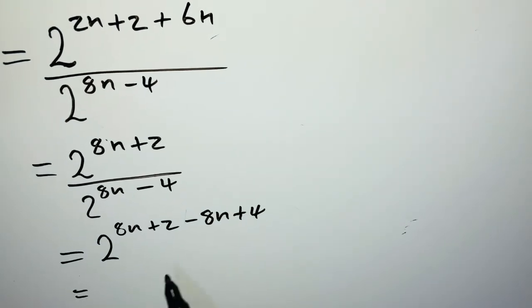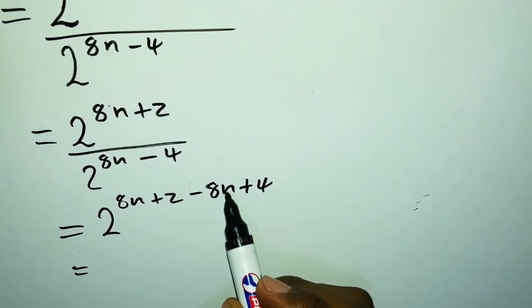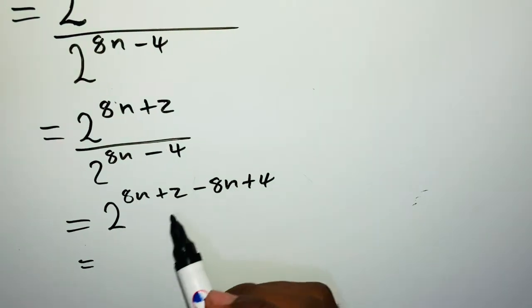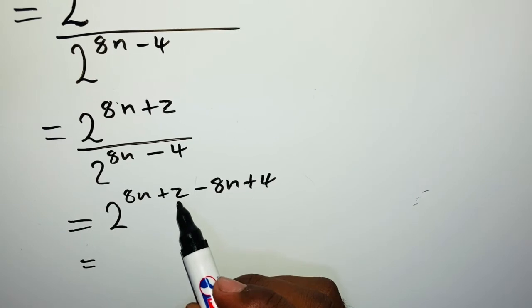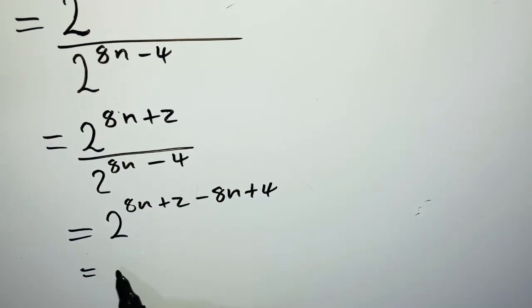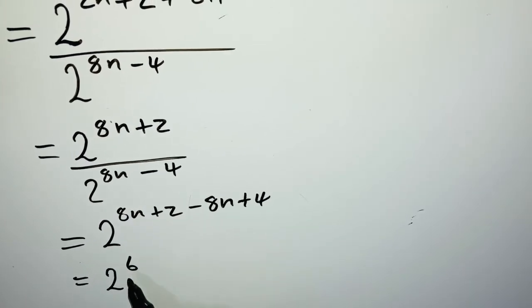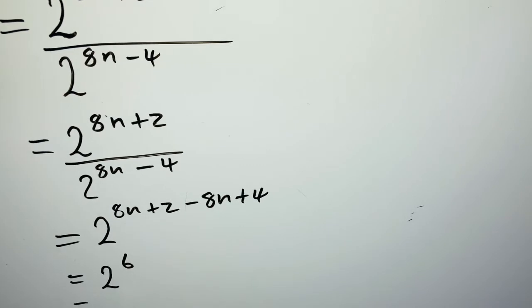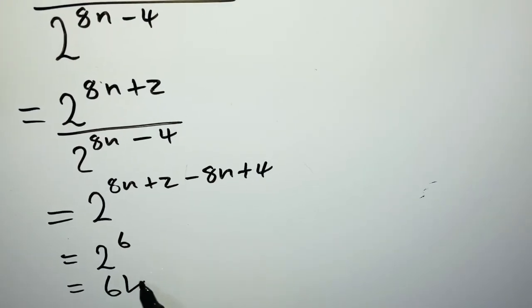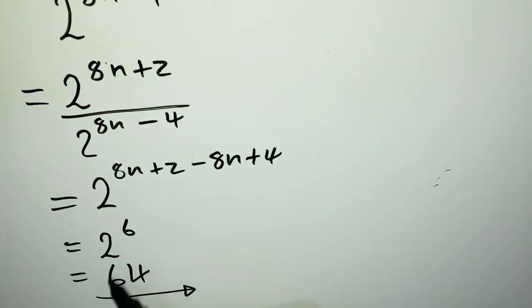Then from here, we have the like terms, 8n minus 8n. They are gone. Then now we have 2 plus 4, which will give us 6. So 2 to the 6 will give us 64. So our answer for this sum is 64.